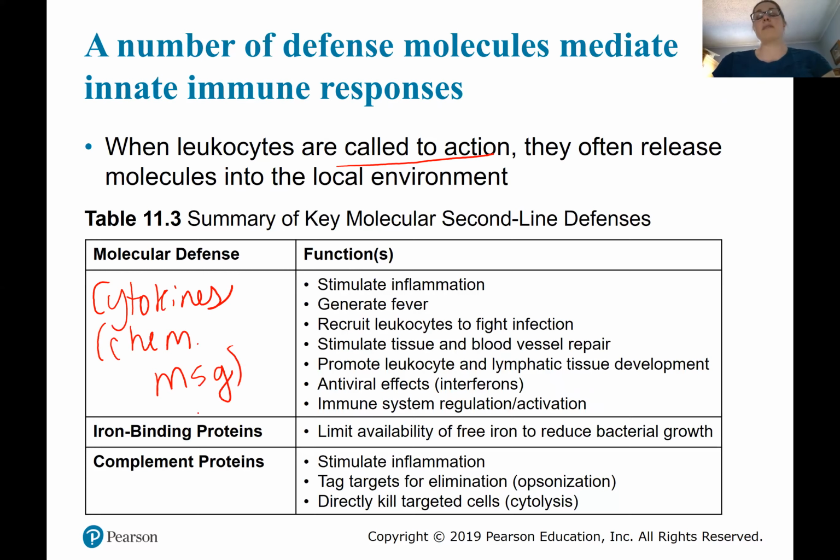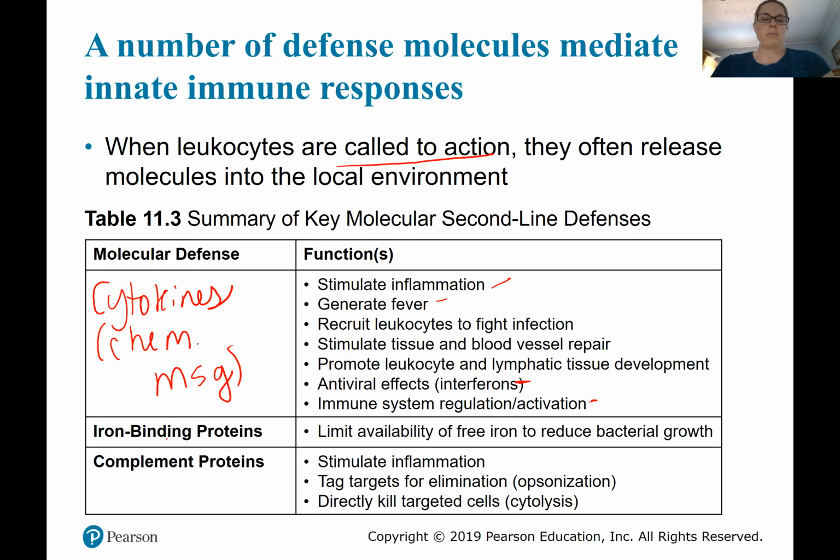And there's lots of different kinds of chemical messages. Your book gets into some of these specifically. I'm not going to. But they're chemical messages that cause inflammation, fever, warn the body of viral infection, activate the immune system, a lot of different chemical messages.